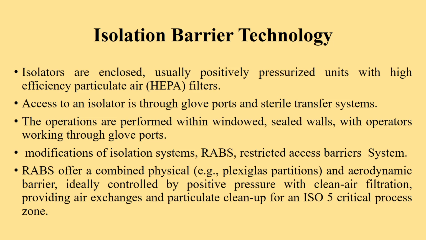It offers a combined physical and aerodynamic barrier, ideally controlled by positive pressure with clean air filtration, providing air exchanges and particulate cleanup for an ISO 5 critical process zone.